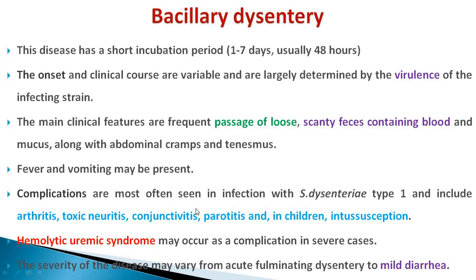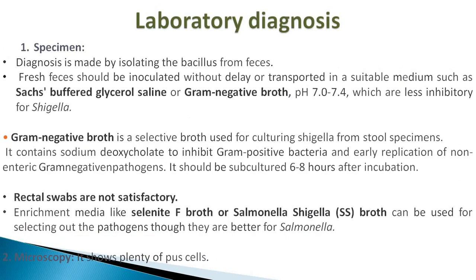Complications are more often seen in infection with Shigella dysenteriae type 1 and include pericarditis, toxic neuritis, conjunctivitis, parotitis, and in children, intussusception. Hemolytic uremic syndrome may occur as a complication in severe cases. The severity of the disease may vary from acute fulminating dysentery to mild diarrhea.